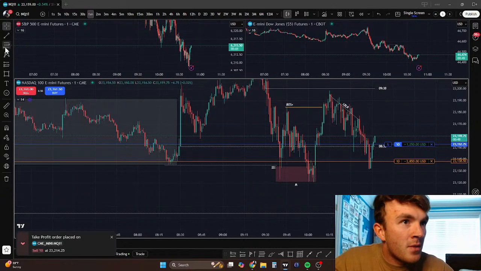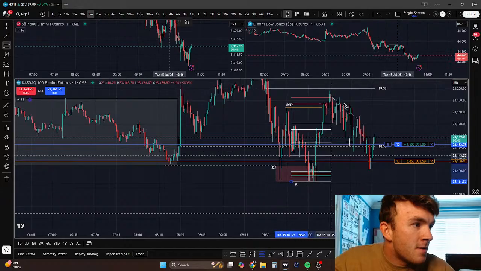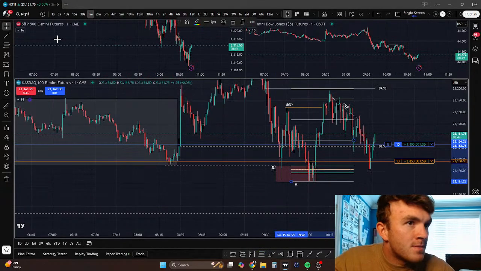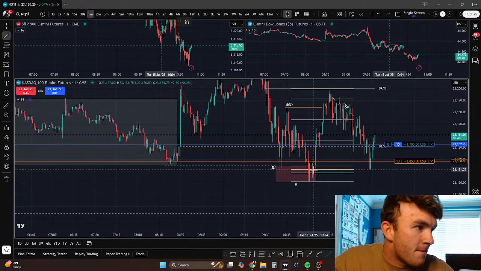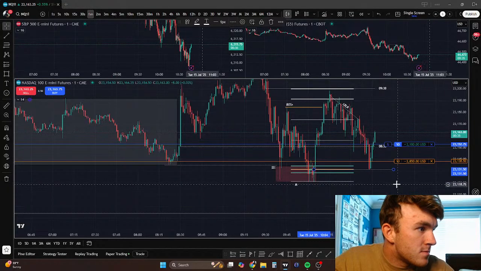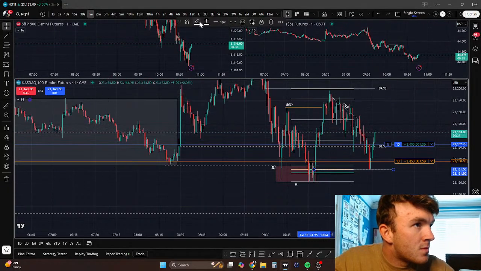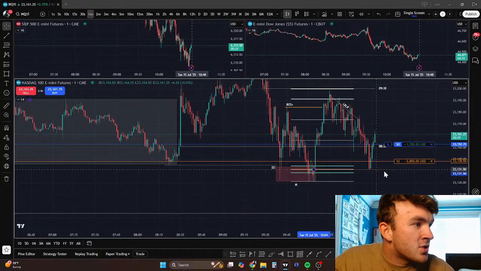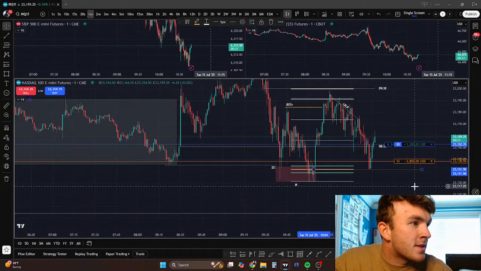You guys see how I would have done this, right? OTE, the sweet spot, right here. So we have the sweet spot OTE. That's what I was trying to bottom tick.